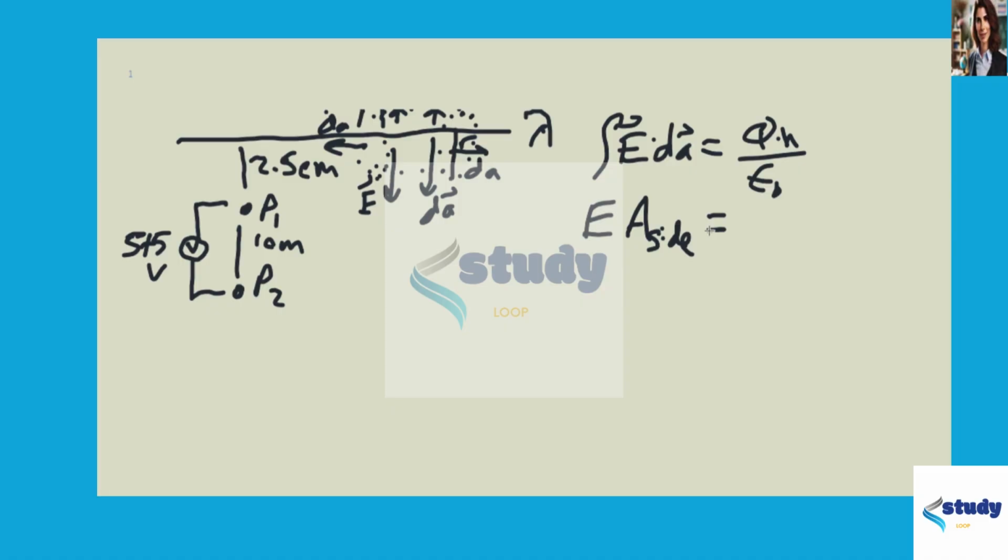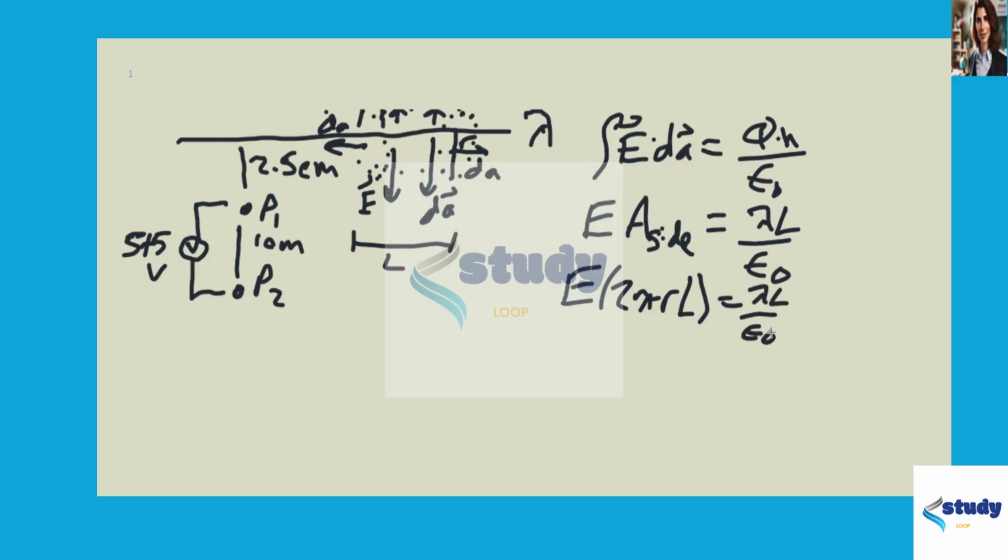The charge enclosed is however long my Gaussian cylinder is, times the charge density, so lambda L. The area of the sides of a cylinder is the circumference 2 pi r times the height L. This tells us the electric field outside of this infinite wire is equal to lambda over 2 pi r epsilon naught.